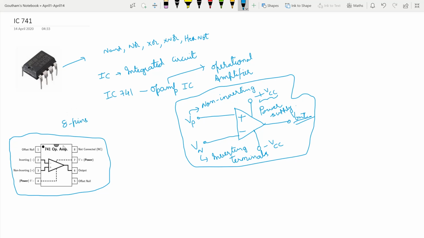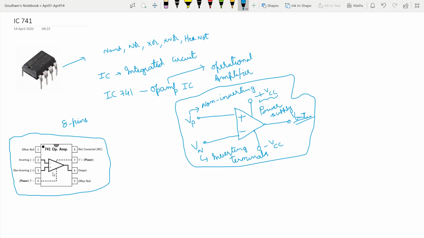You know how to number the pins: you identify the notch, and that becomes pin 1. Then you label the pins sequentially. Once you hit the bottom, you take a U-turn and continue numbering, so 1, 2, 3, 4, then U-turn, and 5, 6, 7 and 8.